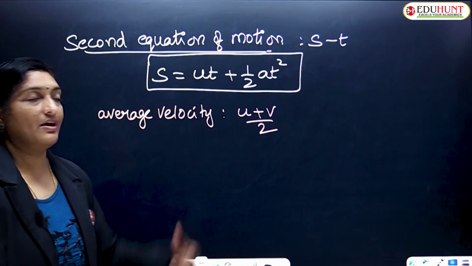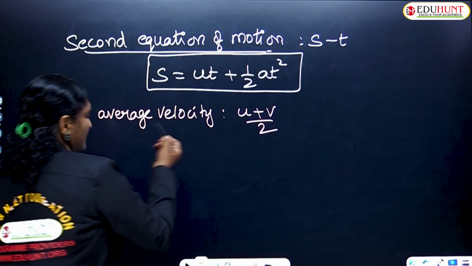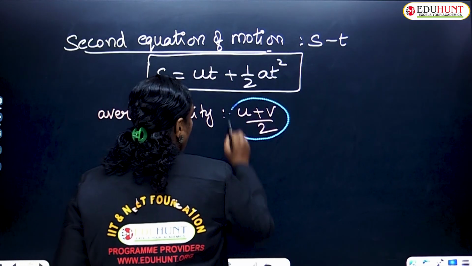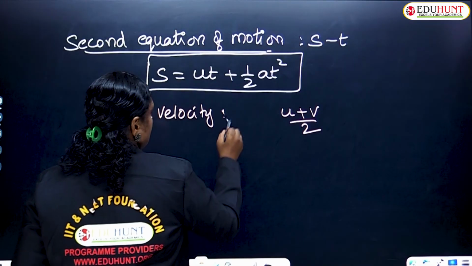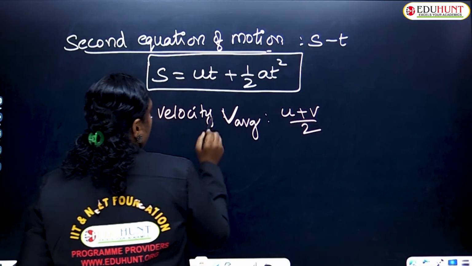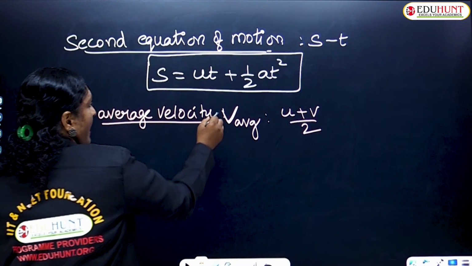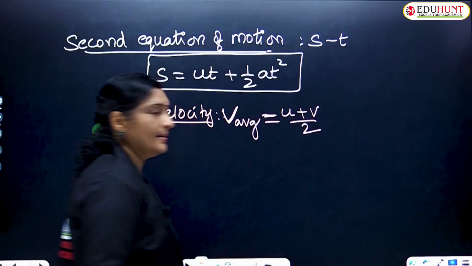Let us indicate this average velocity as v average. Average velocity v average is equal to u plus v by 2.